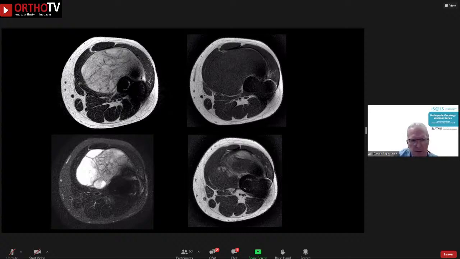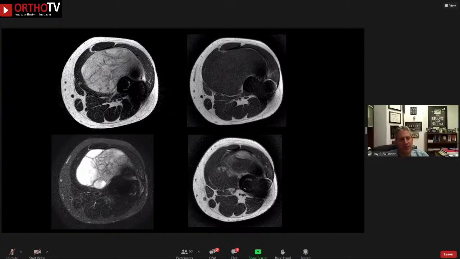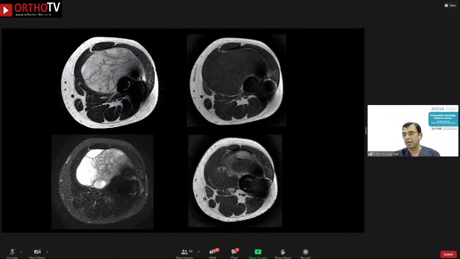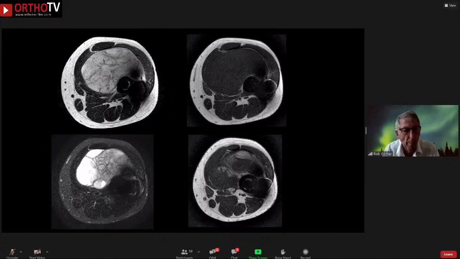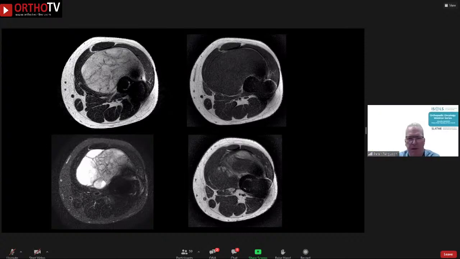Manish, is it mobile or fixed to the femur? It looks fixed. I cannot move it away. It's not mobile. It looks like it's adherent to the periprosthetic bone, but there is no involvement of the bone. If it's fixed, it's going to be very difficult to take that off subperiosteally and get a reasonable margin.